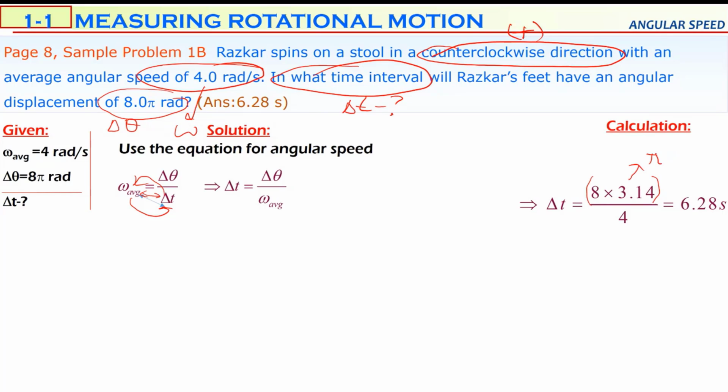Omega average is 4 radian per second, so instead of omega average, write 4. So 8 multiplied by 3.14 divided by 4 will give us the time interval, which is 6.28 seconds. So Raskar will move 8 pi radian in 6.28 seconds. This is the solution of the sample problem.